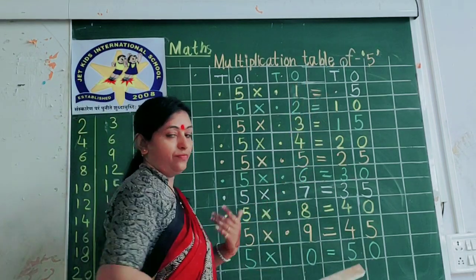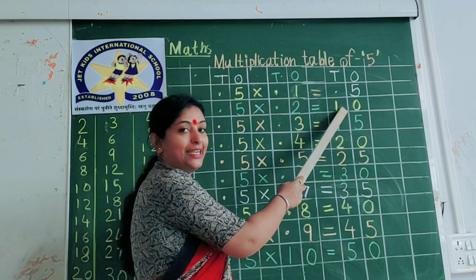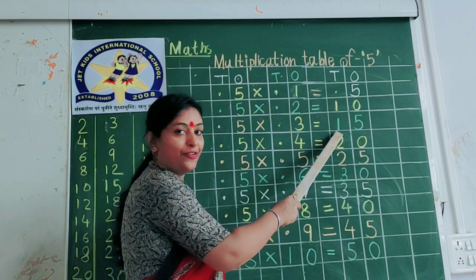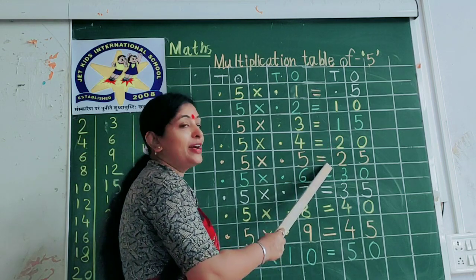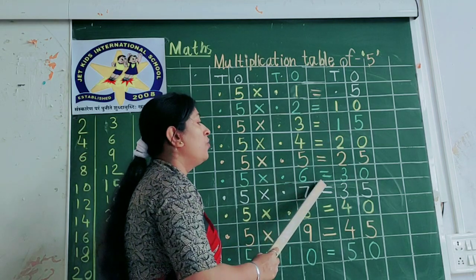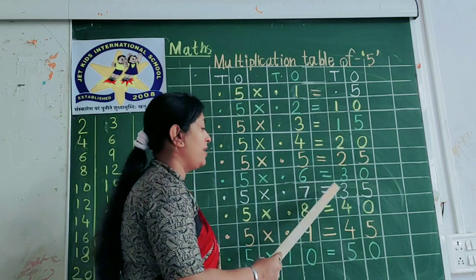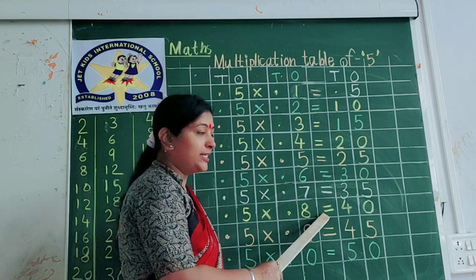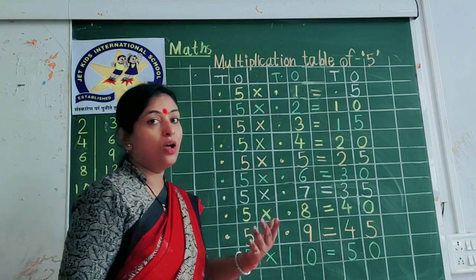So say after ma'am, 5 1s are 5, 5 2s are 10, 5 3s are 15, 5 4s are 20, 5 5s are 25, 5 6s are 30, 5 7s are 35, 5 8s are 40, 5 9s are 45, and 5 10s are 50.